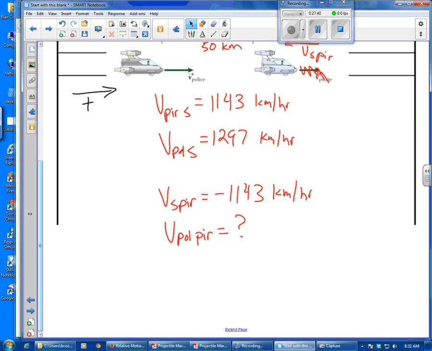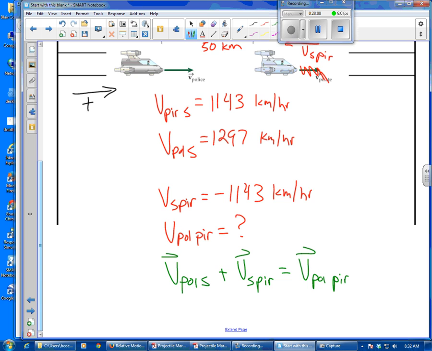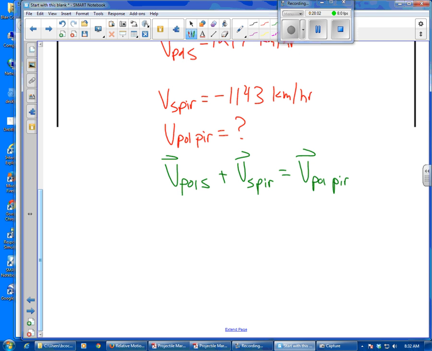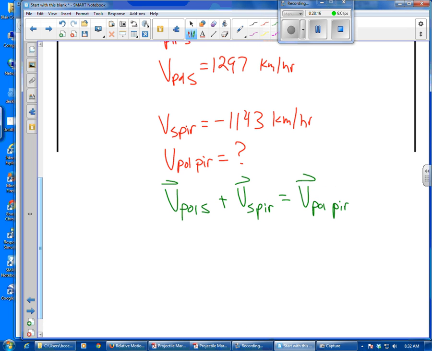So what I'm going to add together to find that is the velocity of the police with respect to space plus the velocity of space with respect to the pirates. That will equal the velocity of the police to the pirates. So what I'm doing is I'm translating from the space frame of reference to the pirates' frame of reference. All right. So velocity of police to space is 1297 kilometers an hour.